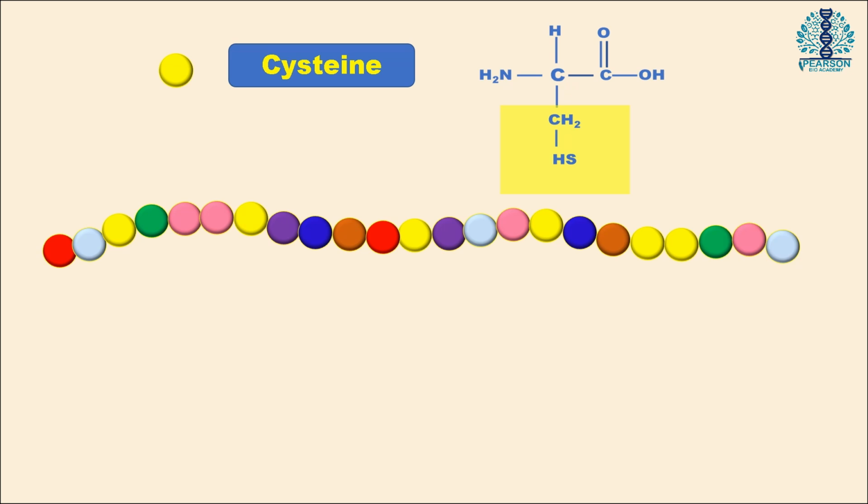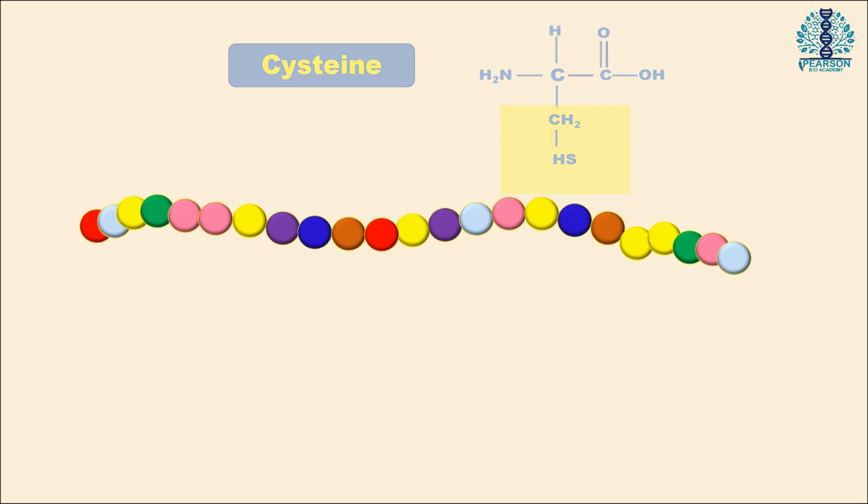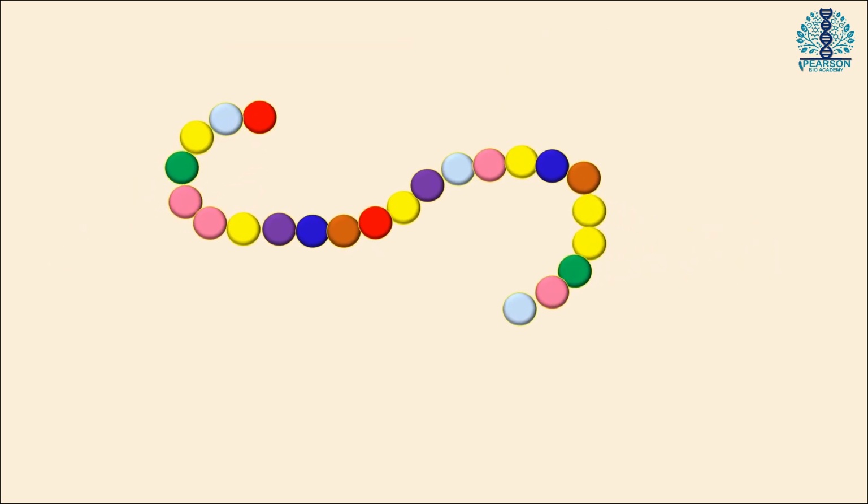In this diagram, the yellow represents cysteine molecules, and you can see how they form disulfide bonds between these sulfur atoms. These disulfide bonds are specifically formed between two sulfur-containing R groups. Also, these disulfide bonds cause the straight polypeptide chains to bend, contributing to the 3D structure of the protein.